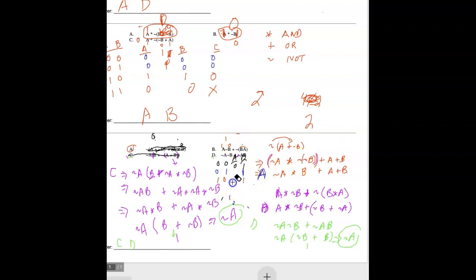And plugging in the ordered pair 1, 0 for my not A, the not of 1 would be a 0, and 0 is not the same here as this 1. So we finally eliminated B as one of our possible solutions. So the answer indeed to this exercise is C and D.